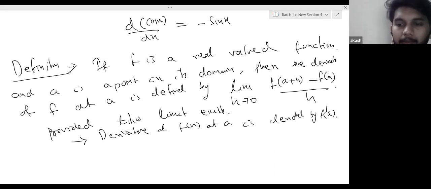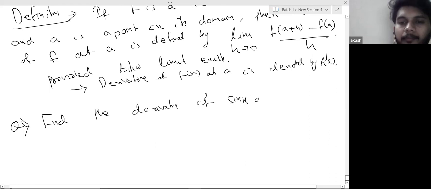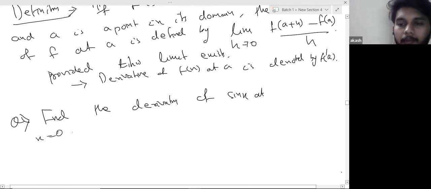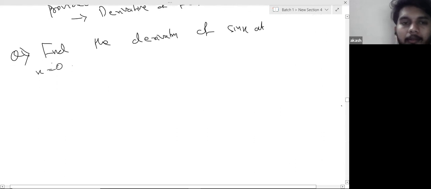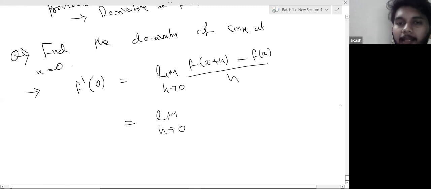All right, let's try to solve the question. Find the derivative of sin x at x equals 0. So we can write f dash 0 as limit h tending to 0 of f of a plus h minus f of a upon h.